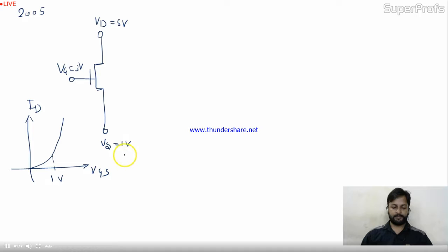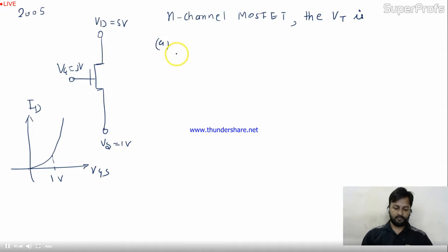And the question is, for an n-channel MOSFET, the transfer curve is shown in the figure. The threshold voltage Vt is, and the options are given: option A, 1 volt and device in active region.